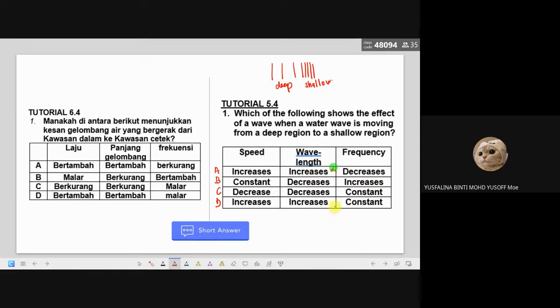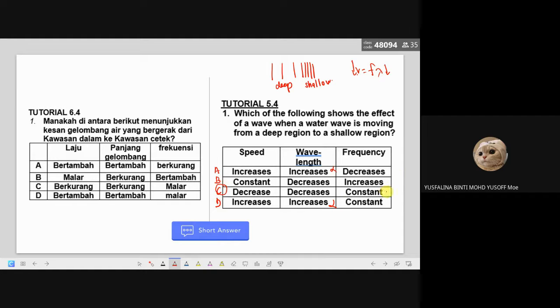So this one is wrong, and this one is also wrong. How about the speed? Speed v equals f lambda, right? So when the wavelength is decreasing, the speed will also decrease. So the answer should be C.